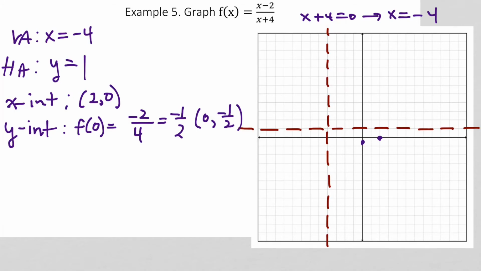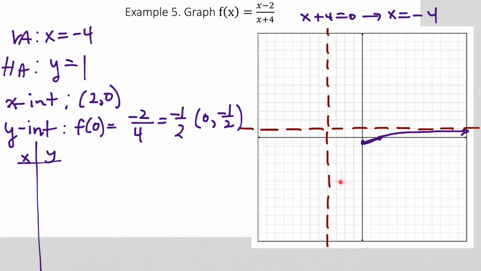So we can get a few dots to prove that to ourselves. After a while, you get the hang of where these things are just by having only a few dots. So I know it's going to go here, and I also know it's going to go up here like this, and it's going to approach the horizontal asymptote. So let's get another point down in this area.